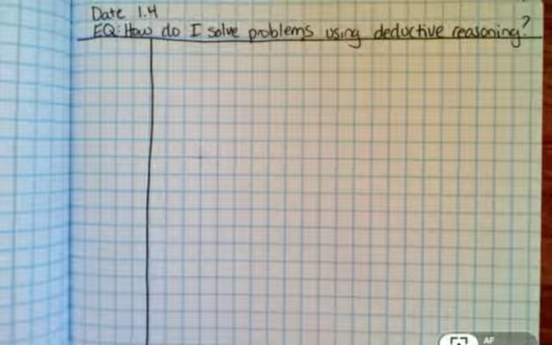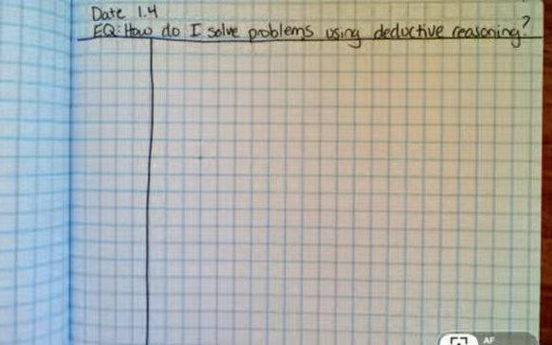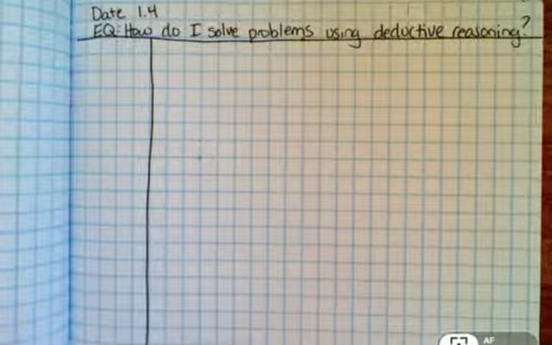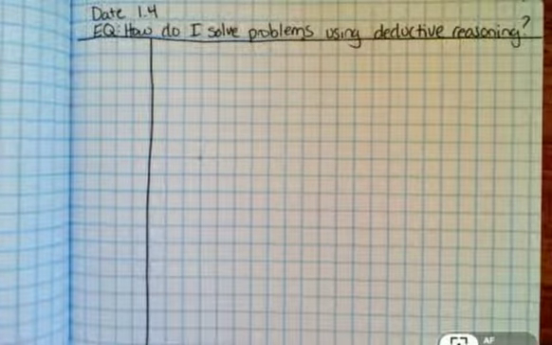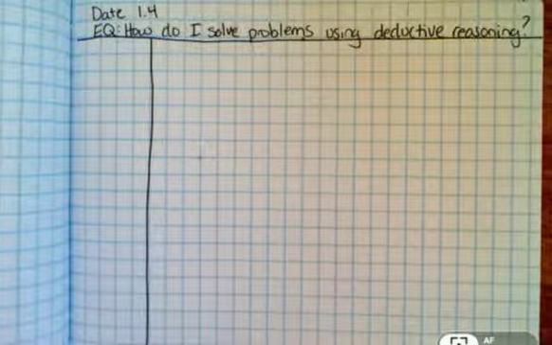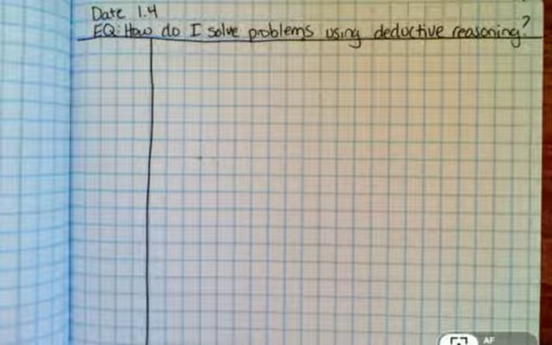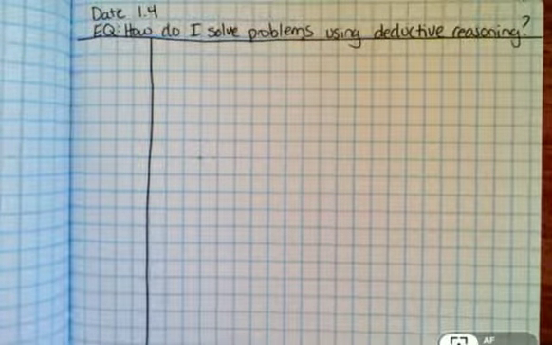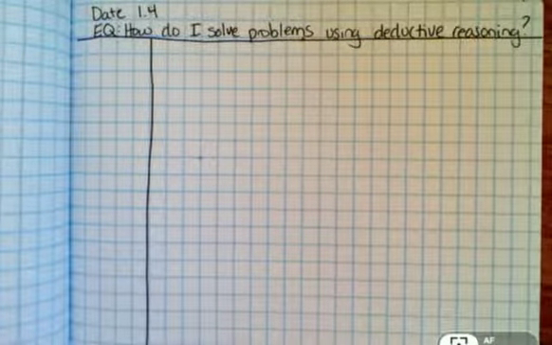So the date, this is lesson 1.4, and the essential question today is, how do I solve problems using deductive reasoning? I'll give you a minute to set up your notes. And as always, you guys, if I don't give you enough time in the video, please feel free to pause.